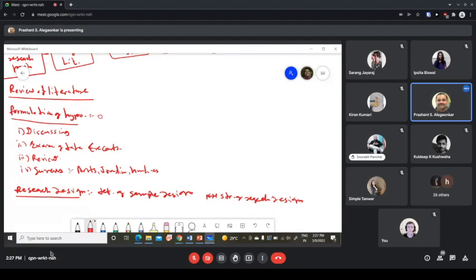If you have a very clear and defined purpose, then it is one of the very good criteria for research. Then the second thing is that the procedure should be in sufficient detail so that others can replicate it. So there should be replication.